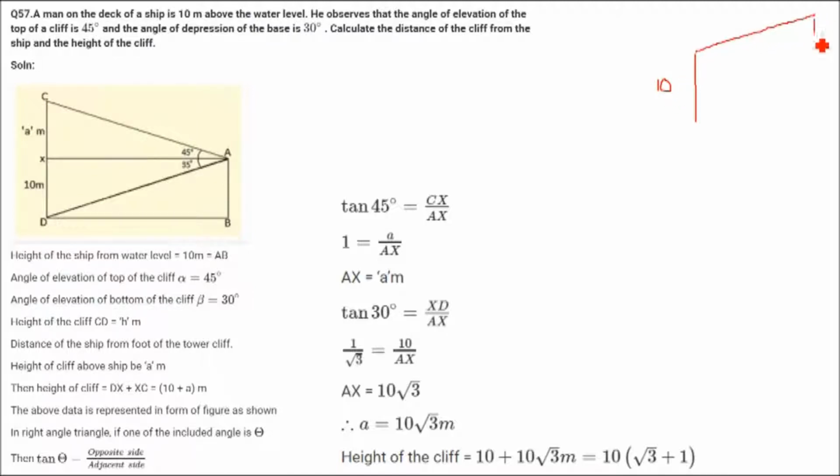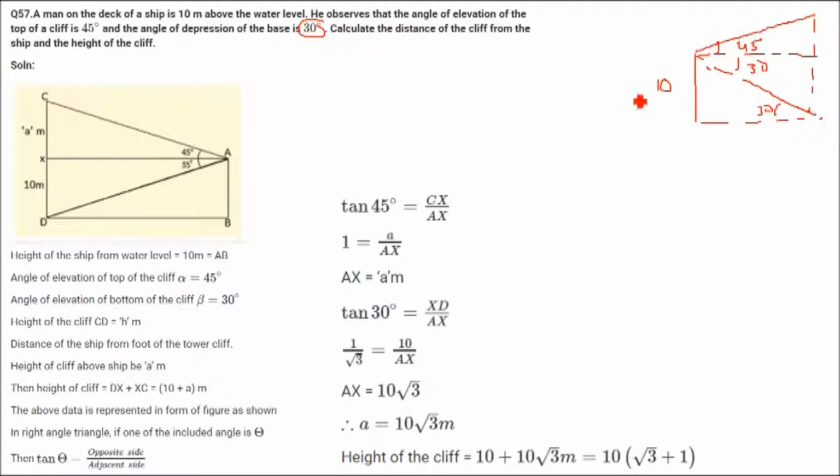Now he sees up, so the angle of elevation of this cliff is 45 degrees. Now he looks down, so the angle of depression is 30 degrees.